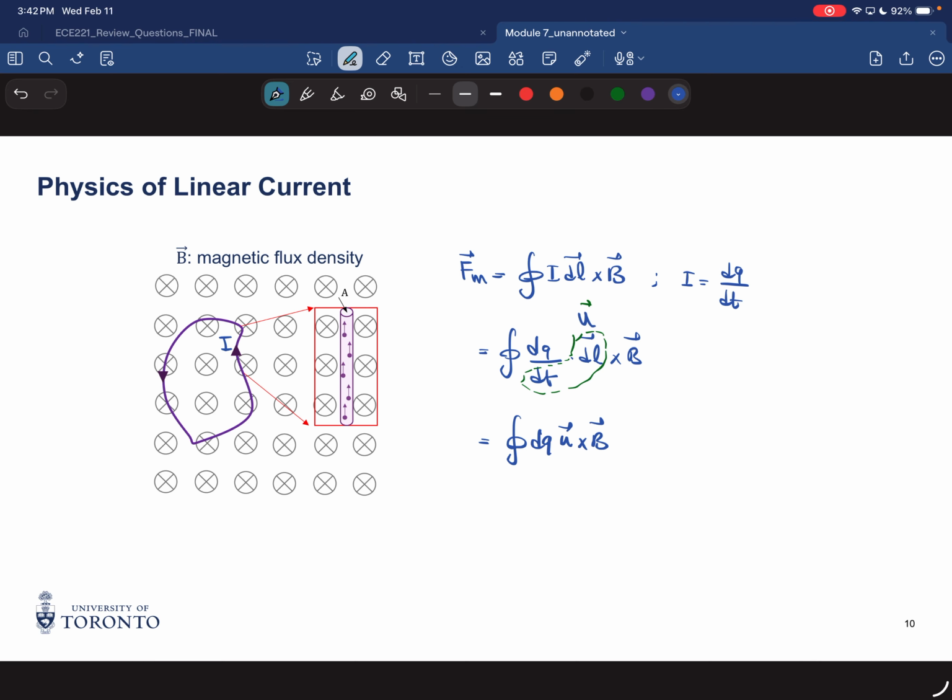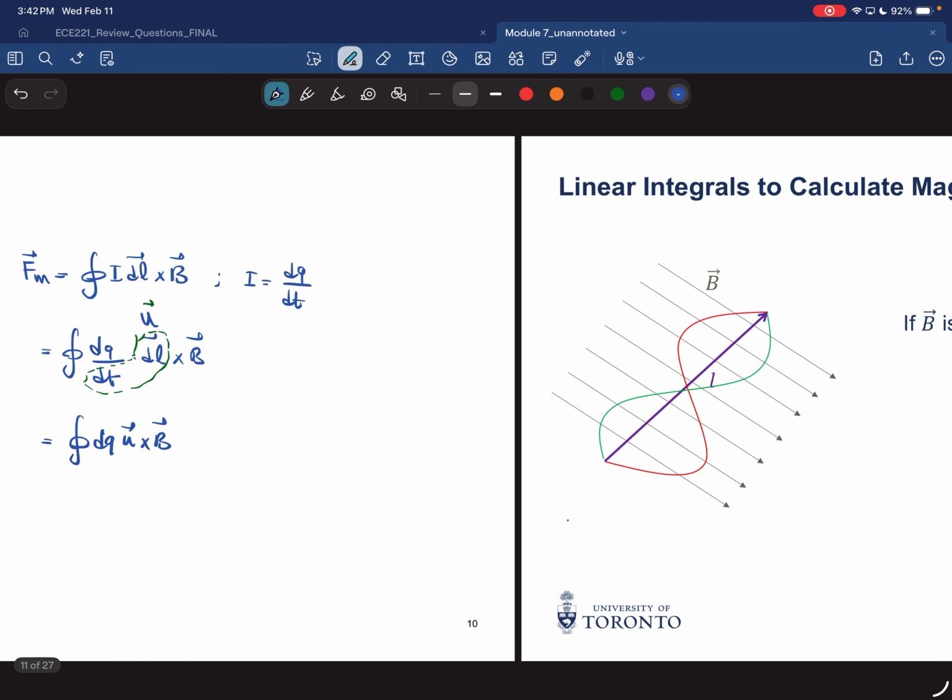Eventually you're right, the direction of u changes when you're integrating over this. U is not uniform, right? It is going to be small, but it is associated with that dq. dq u is basically like IDL, right? Yeah, they're together to vectorize it. Okay.